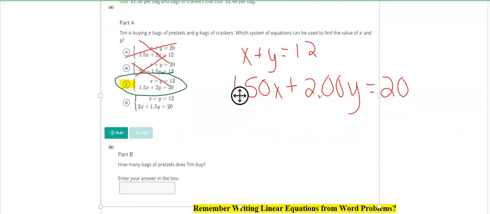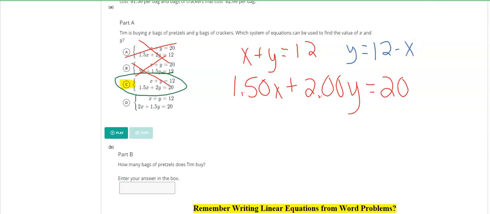For part B, it says, how many bags of pretzels does Tim buy? So that means we need to solve for X. There's a few different ways we can do this, elimination or substitution. There's nothing easy to eliminate, so I am going to rearrange our top equation so that we have y is equal to 12 minus x.